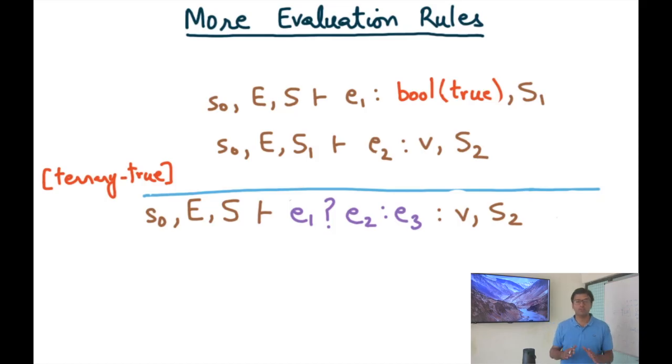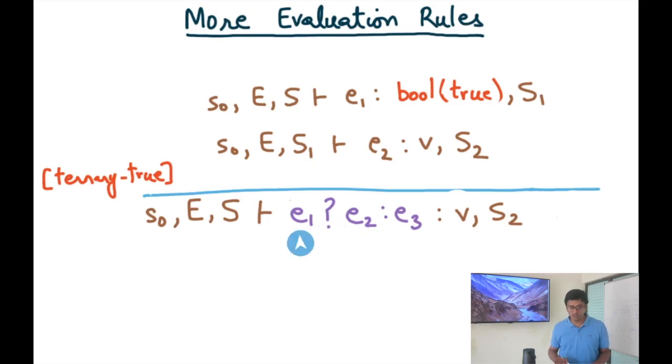Now, just to contrast if then else with the ternary operator, recall that unlike if then else, the ternary operator can return a non-void value. So let's say this is my syntax, E1 question mark E2 colon E3, where the question mark and colon represent the ternary operator.